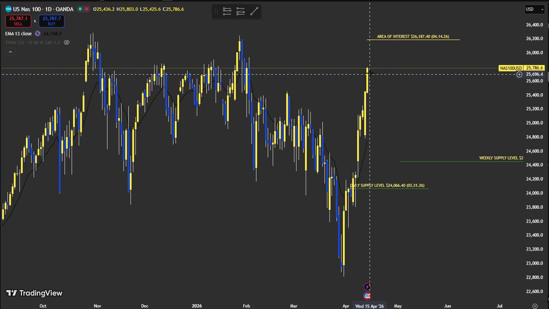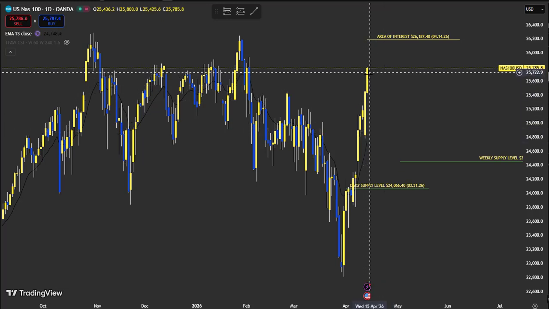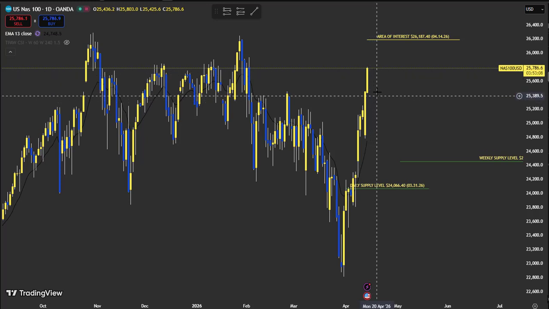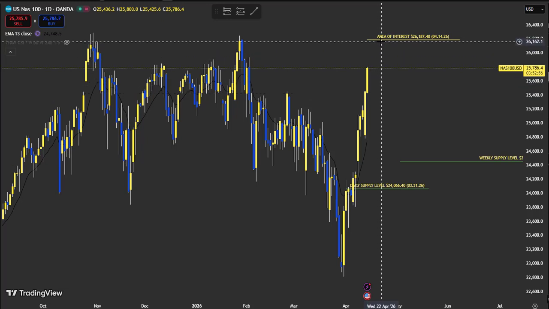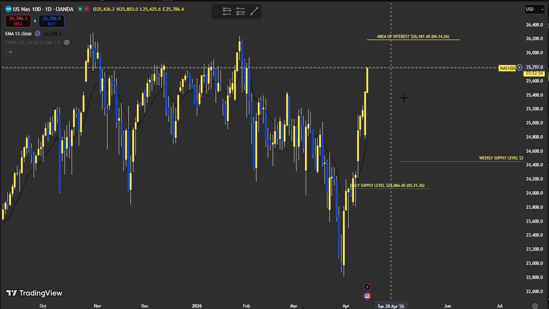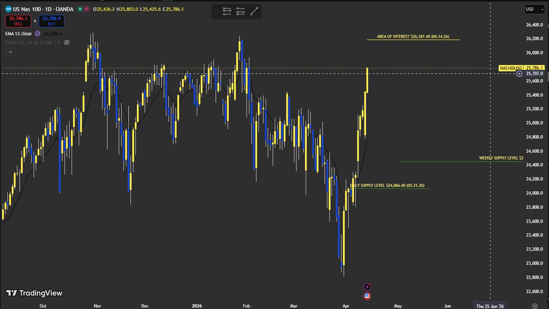At this point, we'd be looking for a pullback anyway, because price continues straight higher. So we wait for price to pull back at least, at a minimum, to 25,431, about 350 points off of where it is right now, before even trying to enter. But more for me, I would wait for price to get to 26,187.40, wait for a retreat off of that, and then look for a buy-in on the Nasdaq.